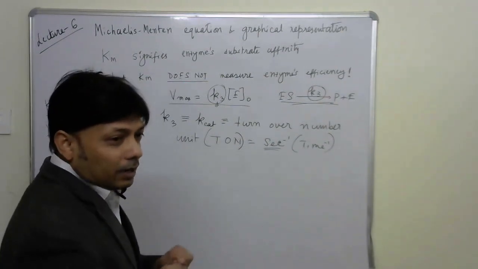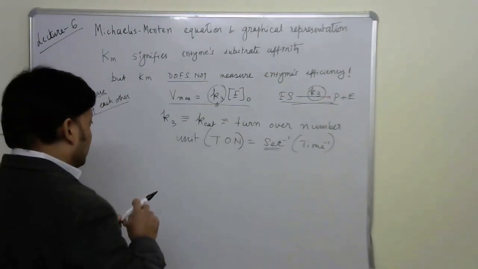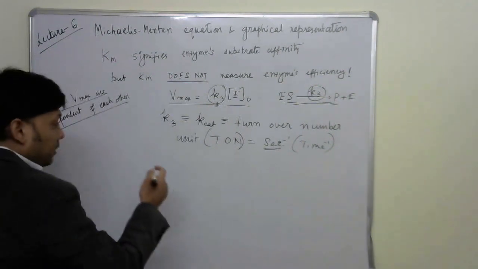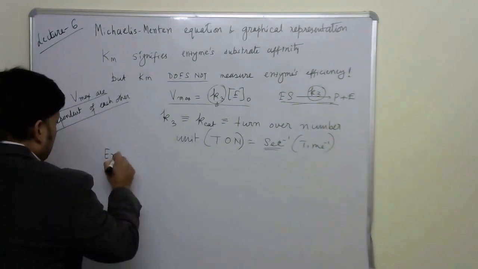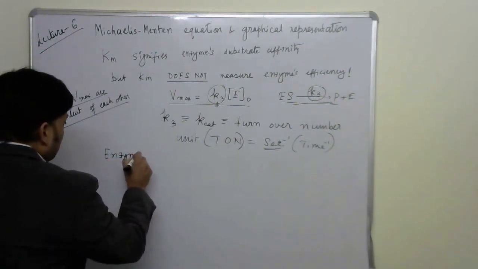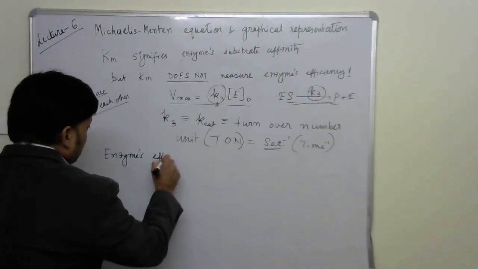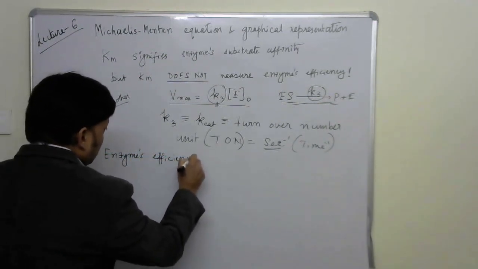Therefore we have a new parameter we call the enzyme's efficiency.